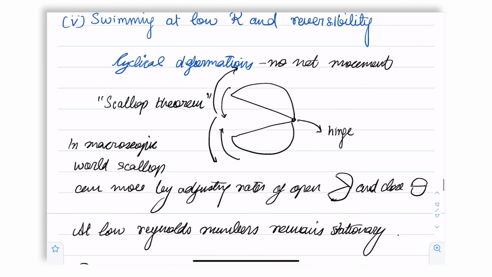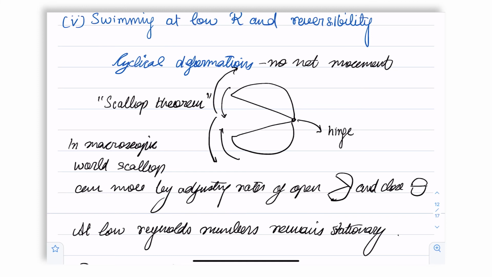Another theorem, which was not very rigorously proven in the case of Purcell, but later on was addressed a bit more carefully, is what he refers to as the scallop theorem. Scallops are single-hinged, macroscopic, shelled organisms.